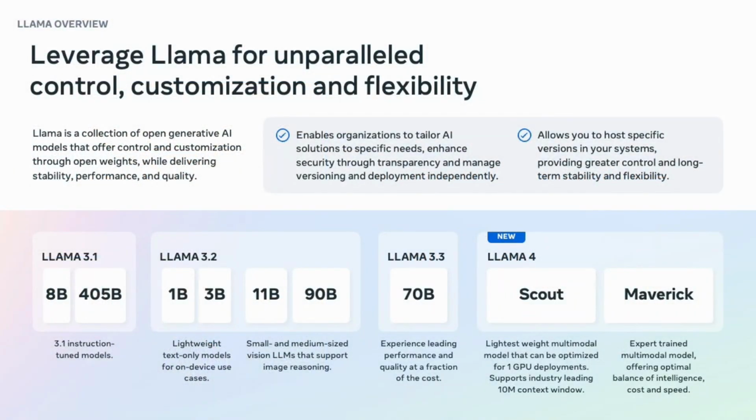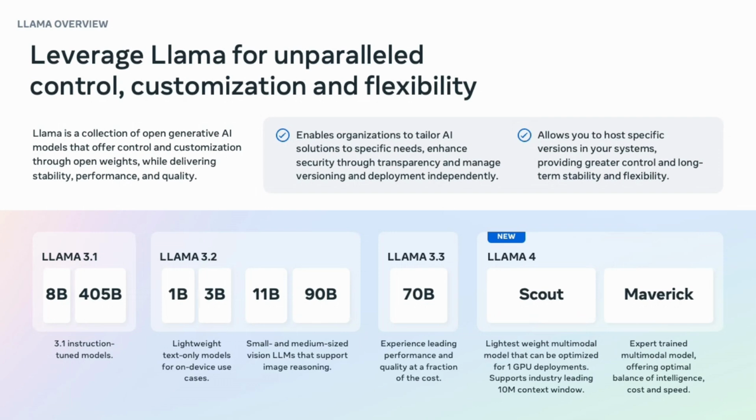Llama is a collection of open generative AI models that offer control and customization through open weights while delivering stability, performance, and quality. Let's take a closer look at some of the Llama 3 and 4 models.